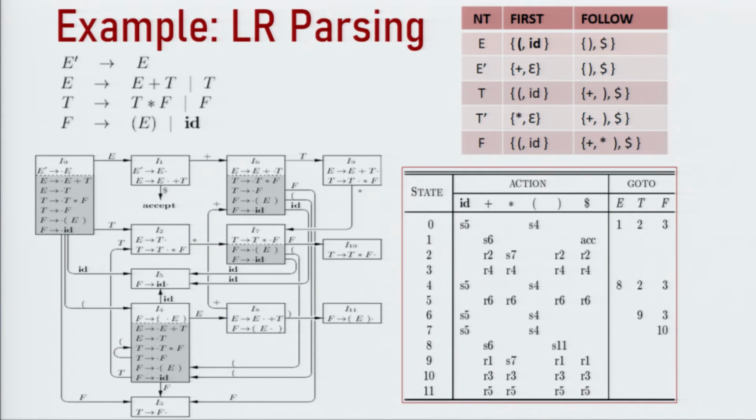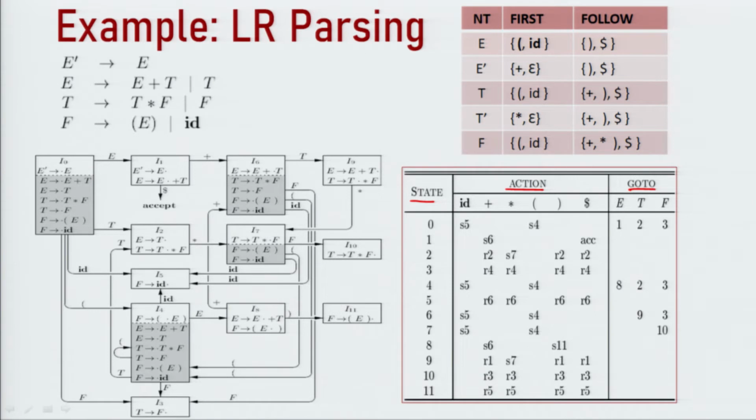First we will create a table, and in the table we will make the columns for state, action and goto. In state we will look at how many sets of items we have. So, we have actually I0, I1, I2 up to I11. So, in states we will write 0, 1, 2 up to 11.